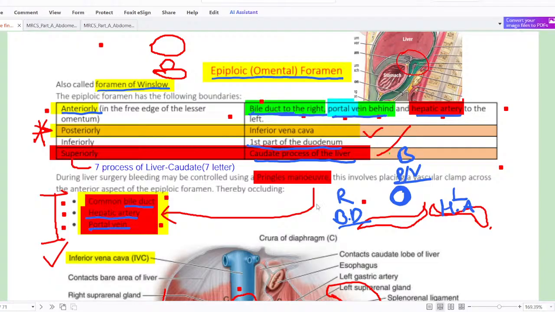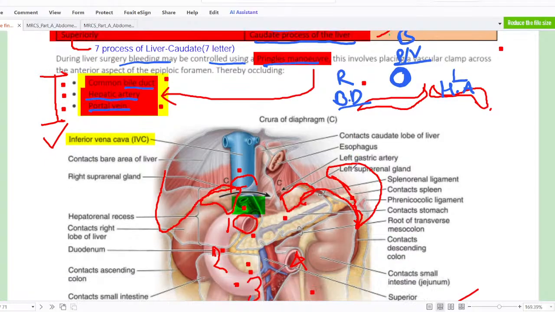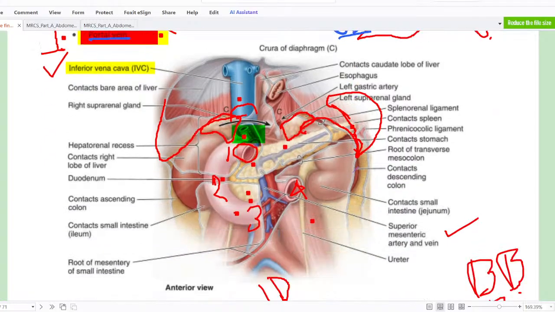Yeah, we will be discussing the epiploic foramen or omental foramen. The boundaries we have seen, and why it is important. You can see here, during liver surgery, bleeding may be controlled by using Pringle's maneuver. So this is the foramen of Winslow or epiploic foramen.